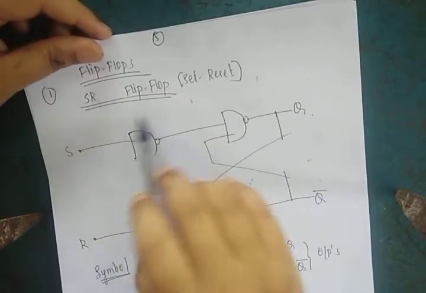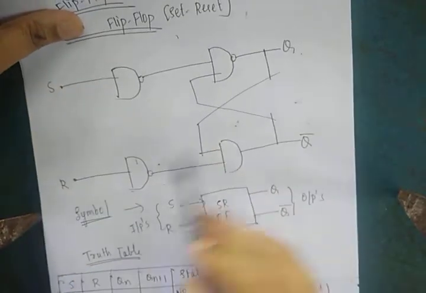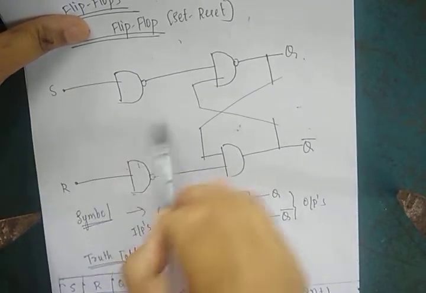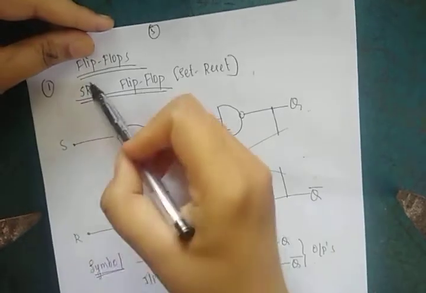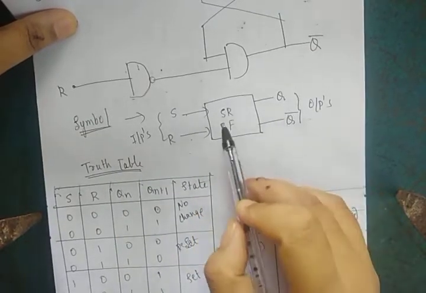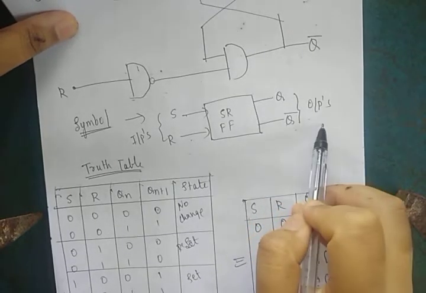So this is an SR flip-flop, that is set reset. Here also I have NAND gates; S is connected, R is connected. For now, as you can see, I don't have any enable and I don't have any clock, because it is a simple SR flip-flop. Next, this is the symbol for the SR flip-flop, with Q and Q bar. These are the inputs S and R, and Q and Q bar are outputs.